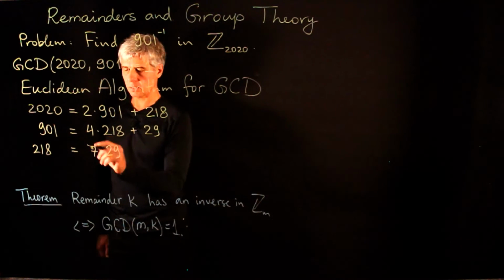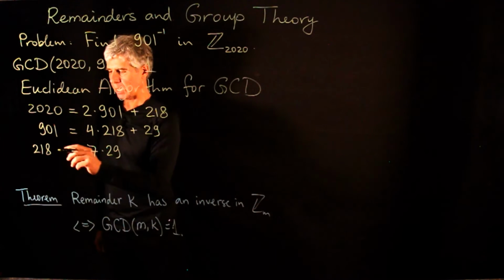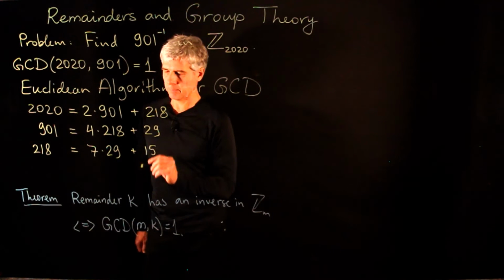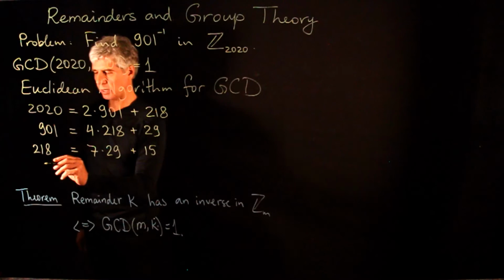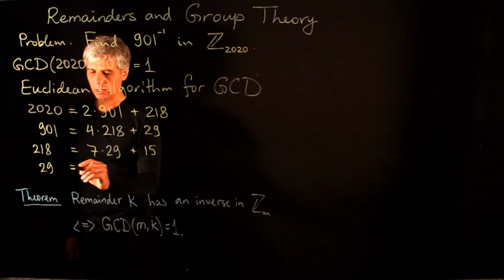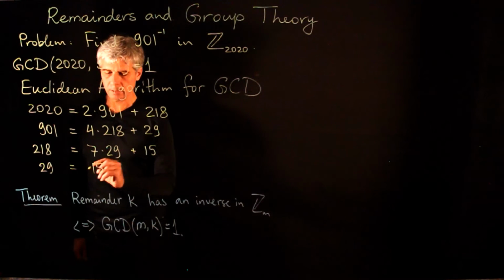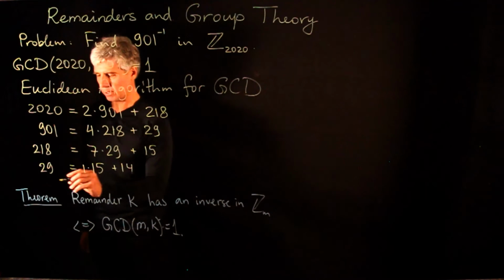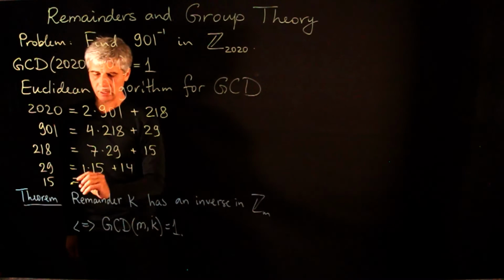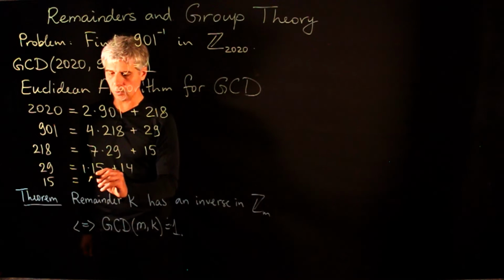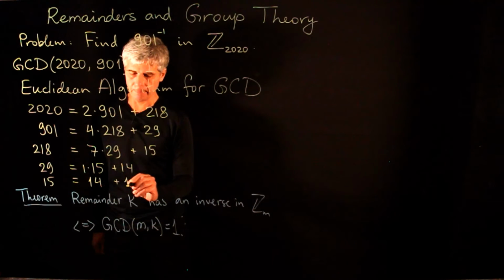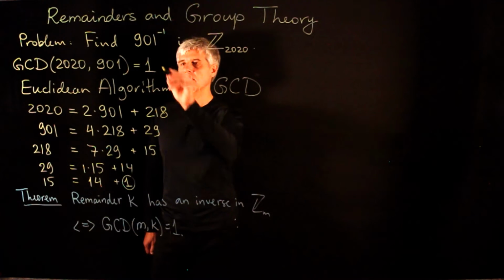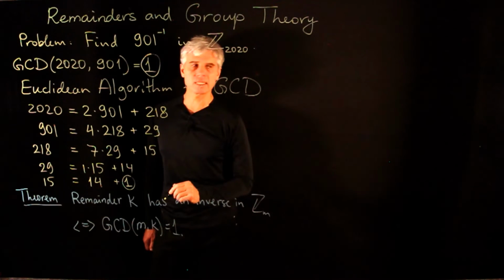And so the remainder is 15. Then 29 is 1 times 15 plus 14. And finally, 15 is equal to 14 plus 1. And this 1 is the GCD that we are seeking.